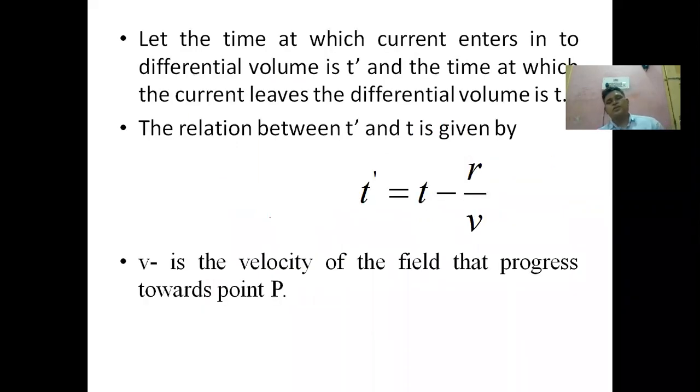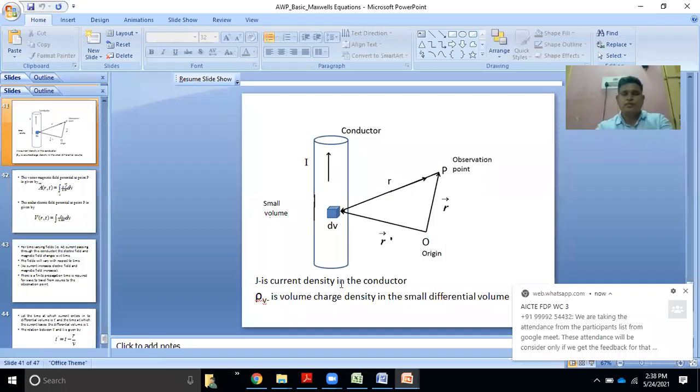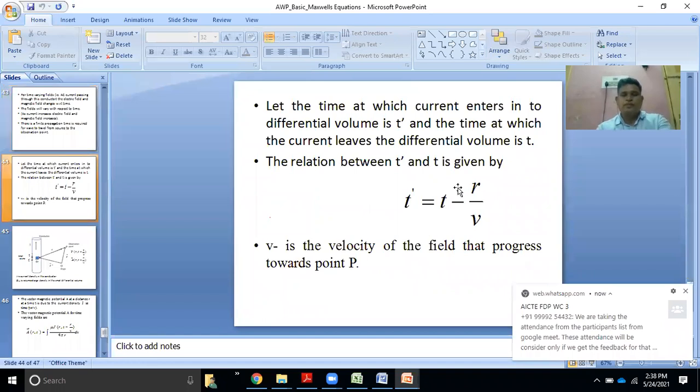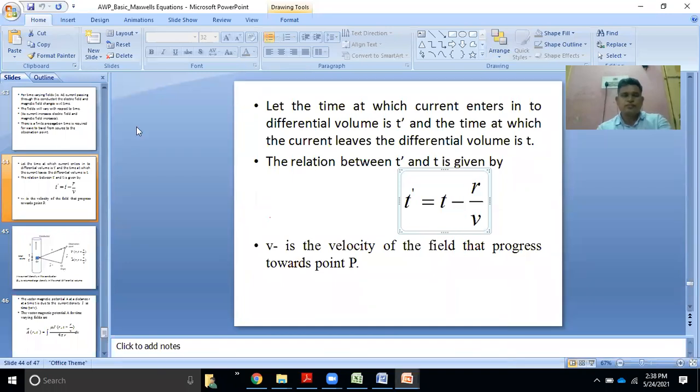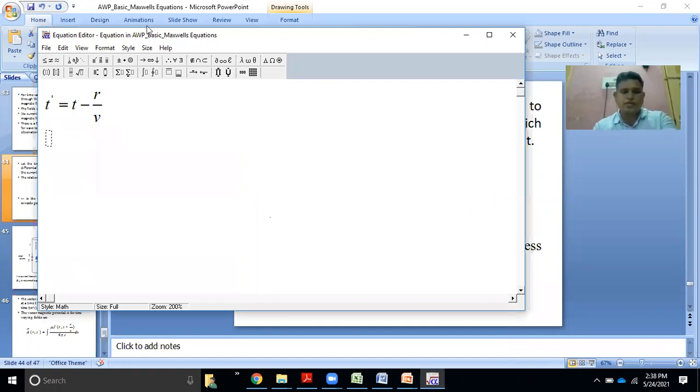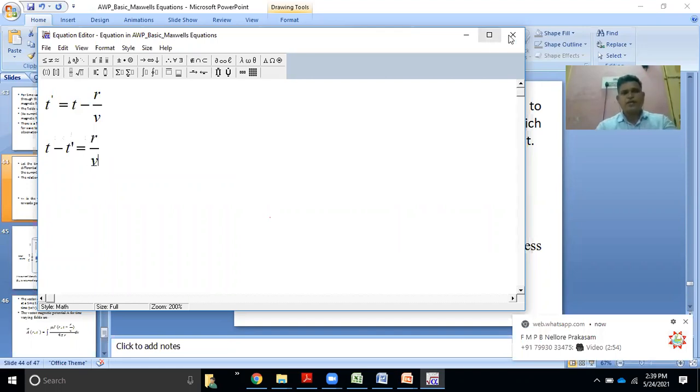t minus t dash is equal to R divided by V. This is the equation.